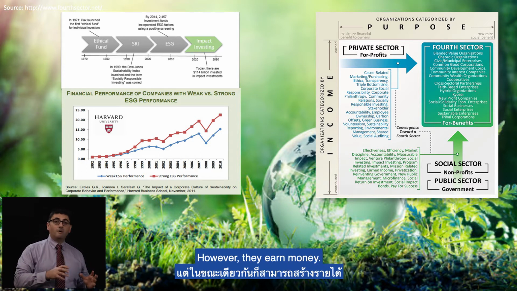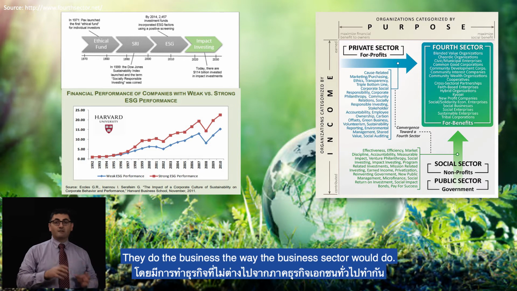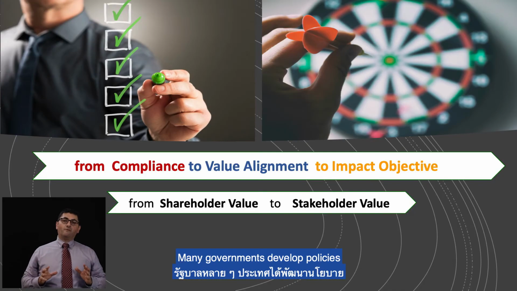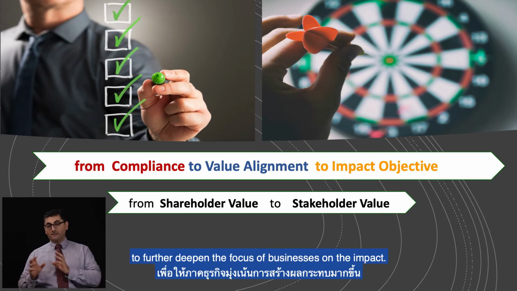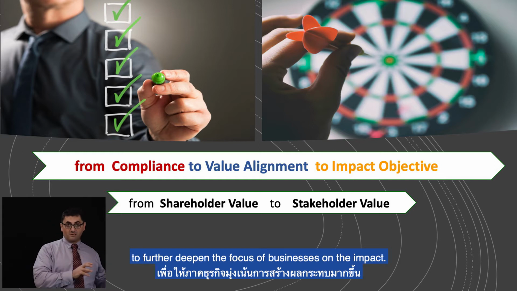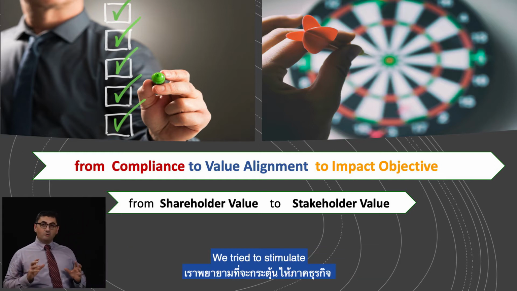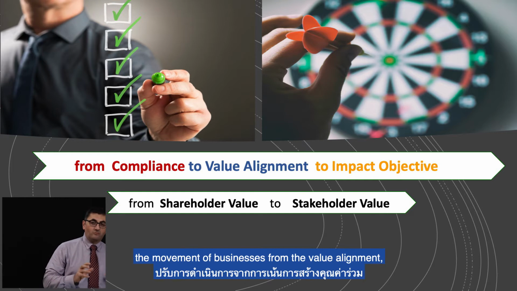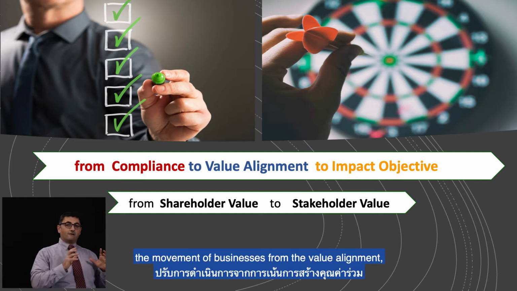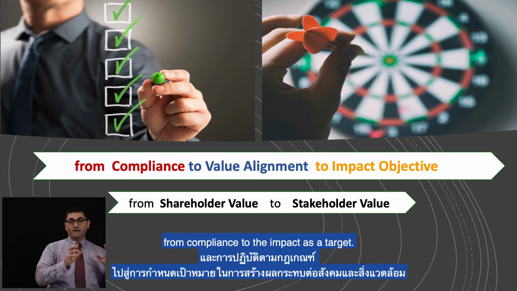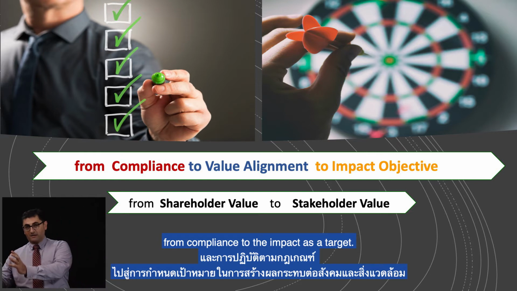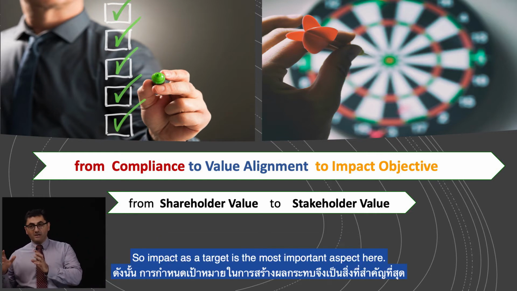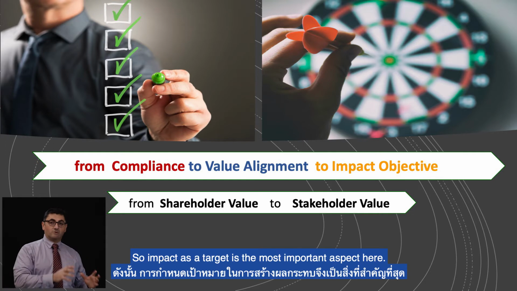However, they earn money and do business the way the business sector would. Many governments develop policies to further deepen the focus of businesses on impact. We try to stimulate the movement of businesses from value alignment, from compliance, to impact as a target. So impact as a target is the most important aspect here.